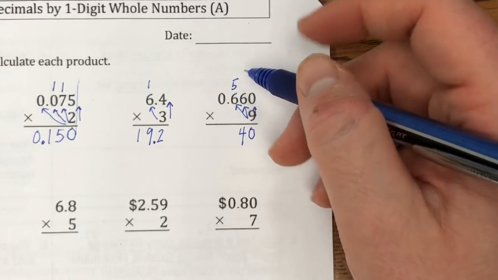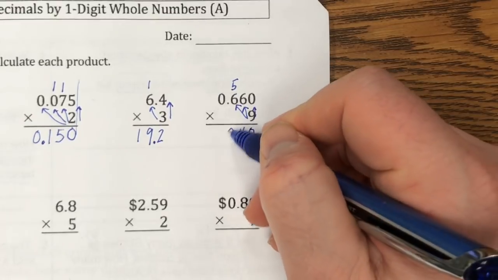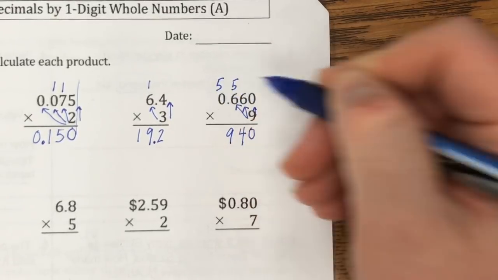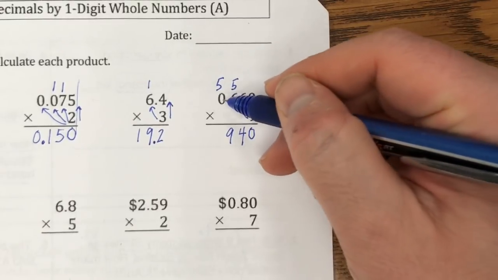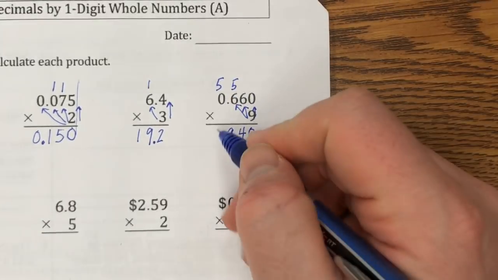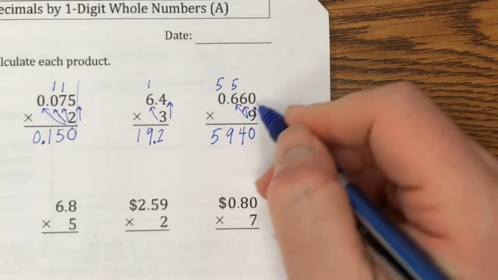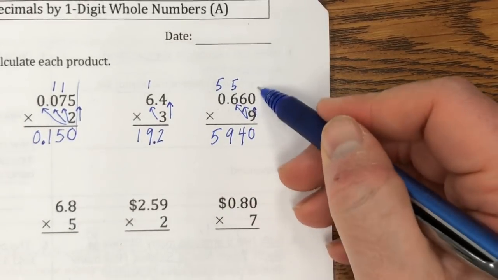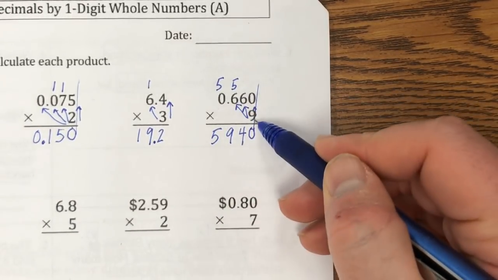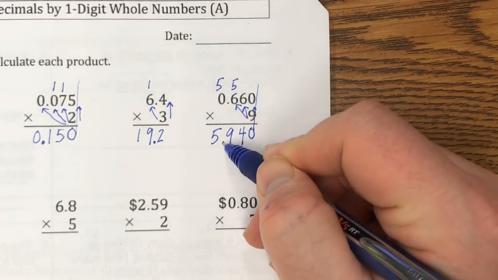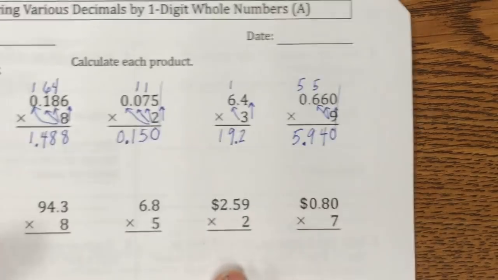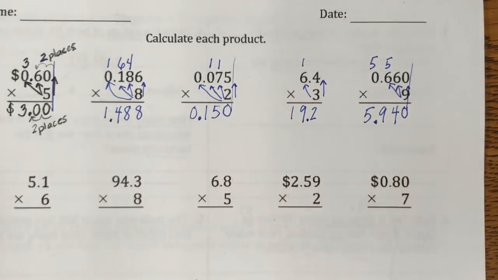Plus 5 is 59. 9 here. 5 is regrouped to the next problem. 9 times 0, add the regroup. 9 times 0 is 0. Add the regroup is 5. Okay, count over from the end. How many decimal places? Nothing here. 1, 2, 3 here. So 1, 2, 3. Okay. Check everything with a calculator as you go, and then you can work at your own pace.